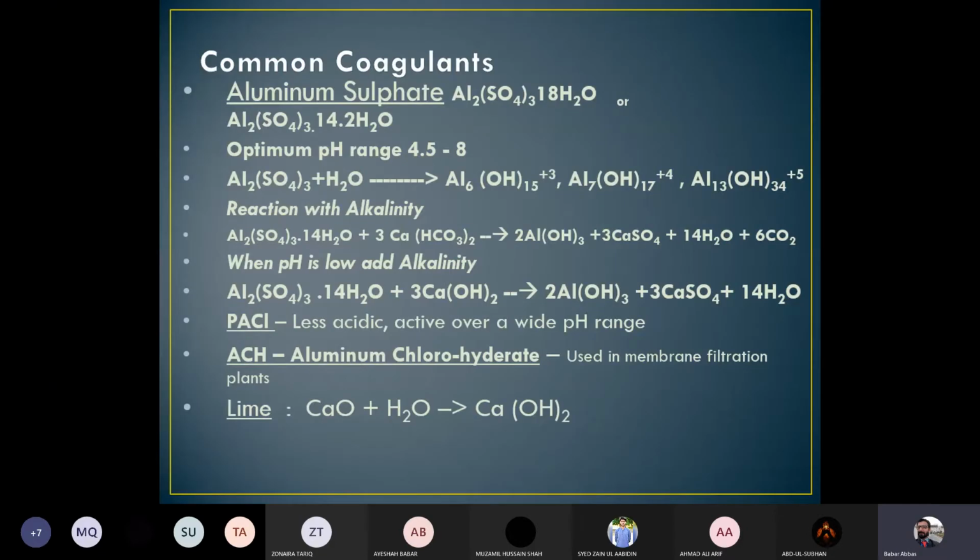Then we have common coagulants, which is aluminium sulfate and its reaction with water. Obviously, we are adding these chemicals into the water, so all the chemicals would be reacting with the water and resulting in some different ions, and these ions are attracting the negatively charged particles towards them and making a larger particle, which is later on converted into the flock, and that flock is settled down in the sedimentation tank.